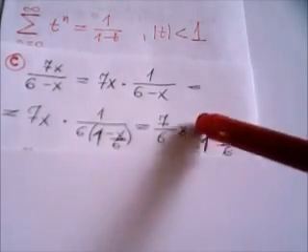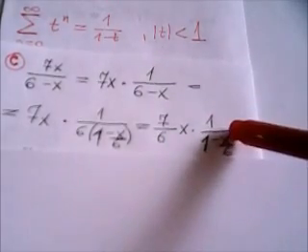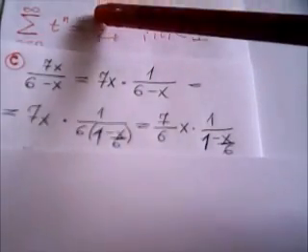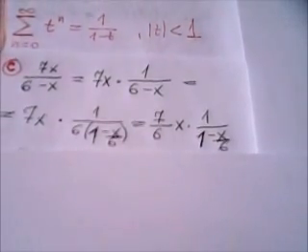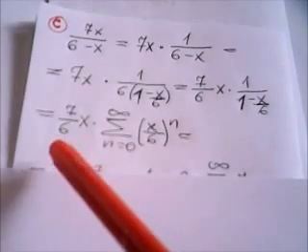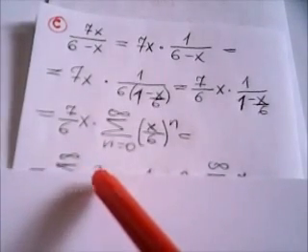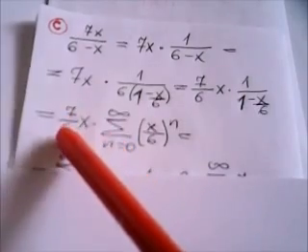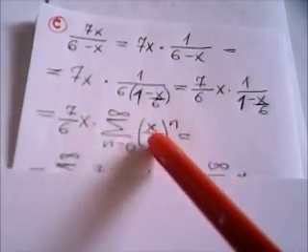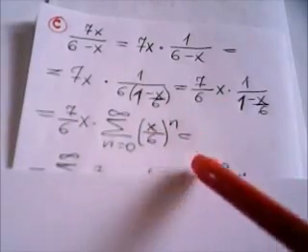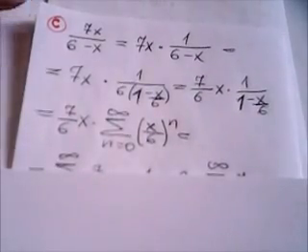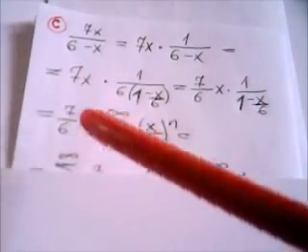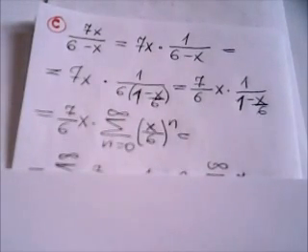This fraction is similar to this form. And now we can write 7 over 6 x times the summation x over 6 to the power n, because we replace t with x over 6. 7 over 6 x doesn't depend on n.